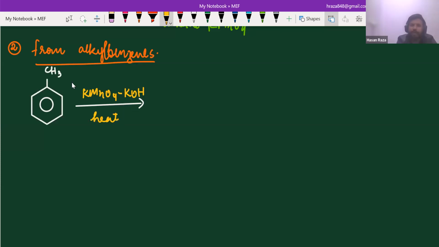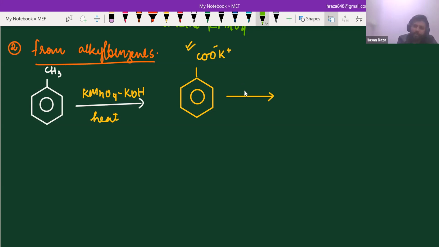So what will happen here? All the hydrogen will be eliminated, and with carbon, double O negative and K plus will be added. This is basically the salt. And after getting it, you are going to do acidification, that means reacting it with H3O positive, acid in the presence of water.